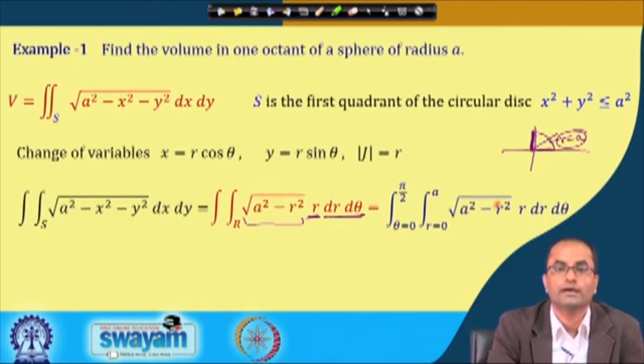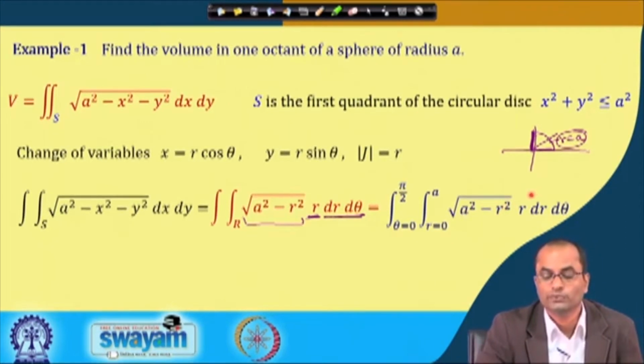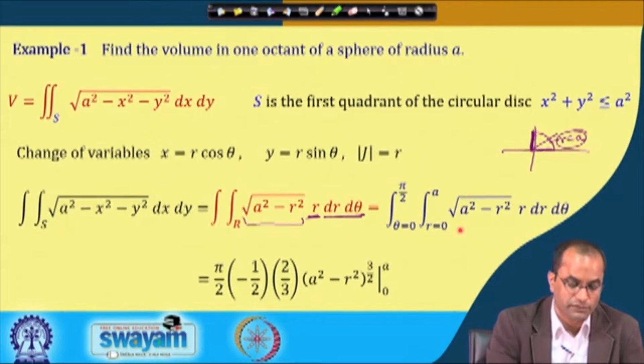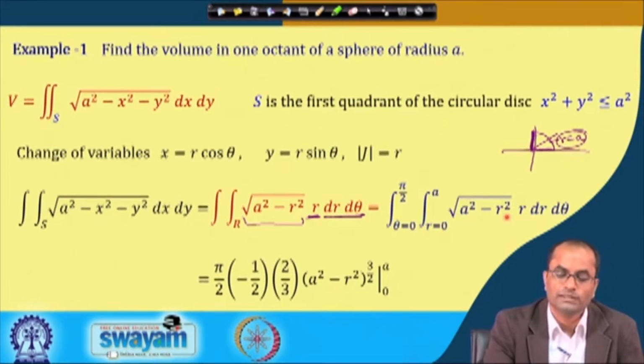So, the inner one is just a single integral with respect to r, and that will give us here a square minus r square to the power 3 by 2, and then divided by 3 by 2. So, we can multiply by this 2 by 3 from the denominator. So, we have pi by 2 finally from the outer integral, because there is no theta in the integrand.